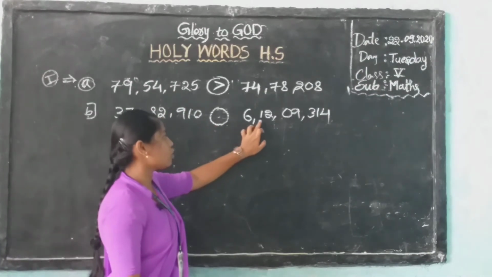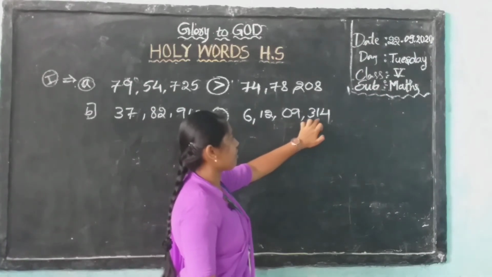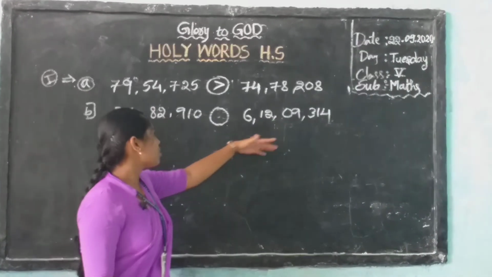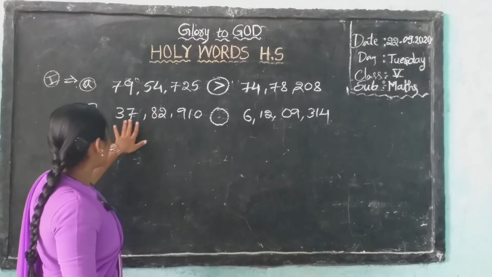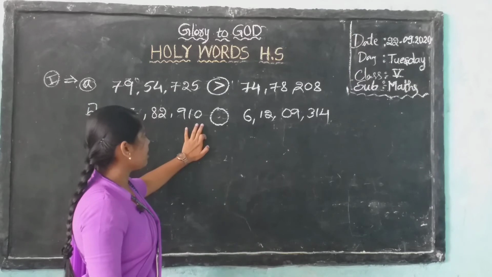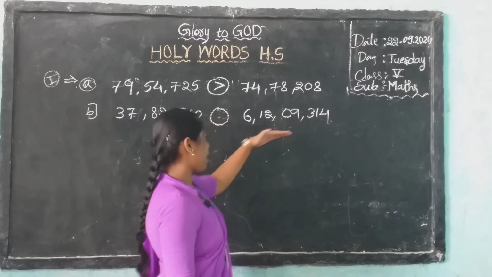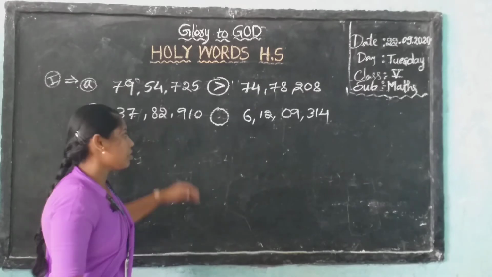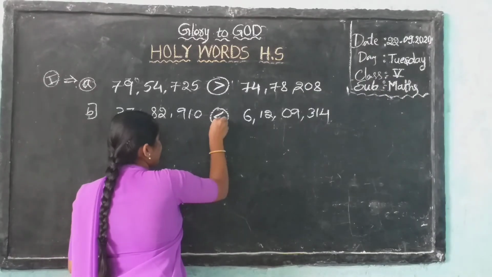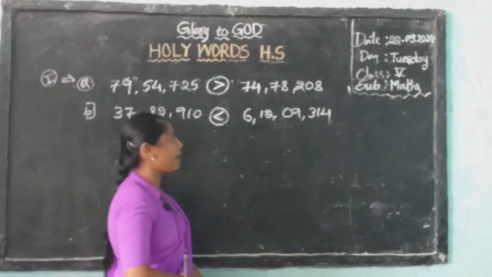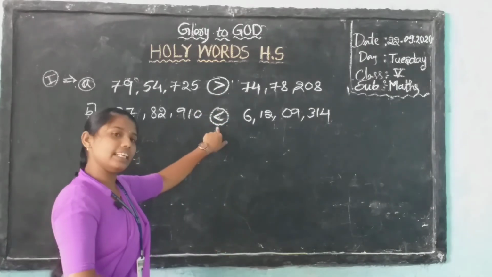And here 1, 2, 3, 4, 5, 6, 7, 8: 8 digits. So we recognize an 8 digit number and a 7 digit number. So it is easy, less than. This one is the biggest number. Greater than and less than.